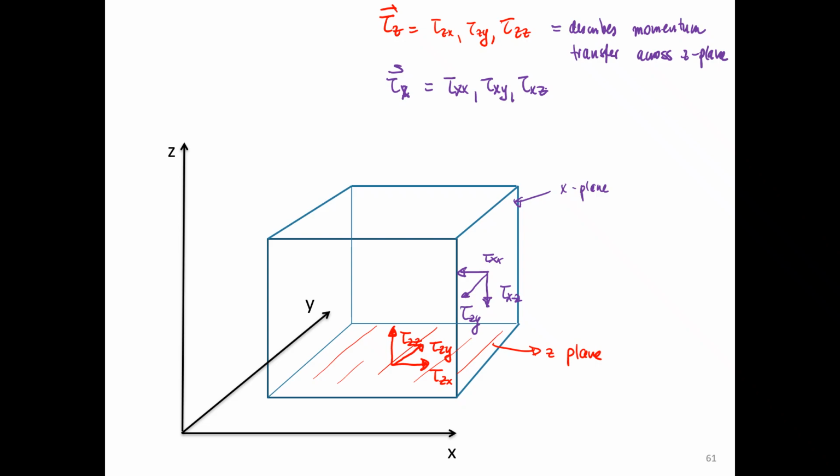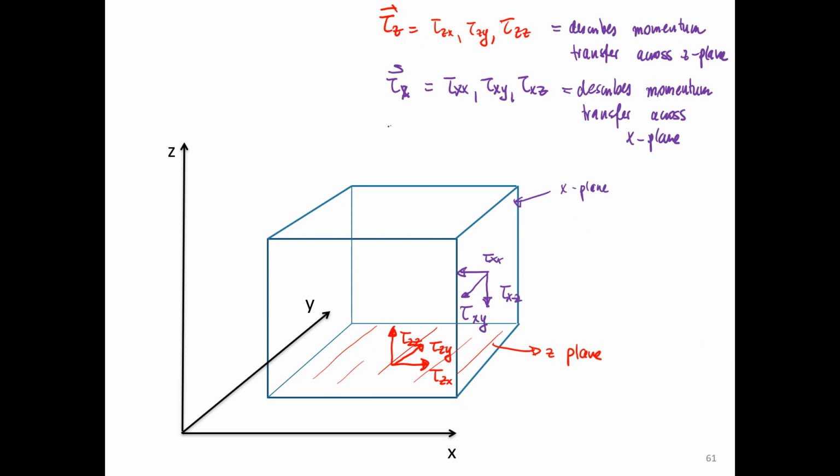This is, of course, xy. It's very easy to flip things. That describes momentum transfer across the x plane.